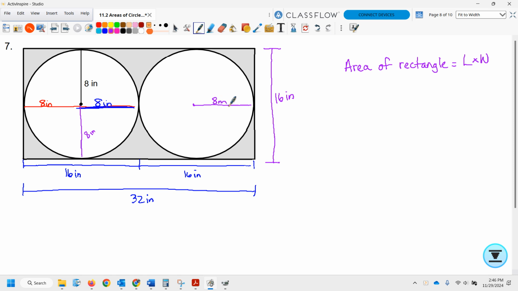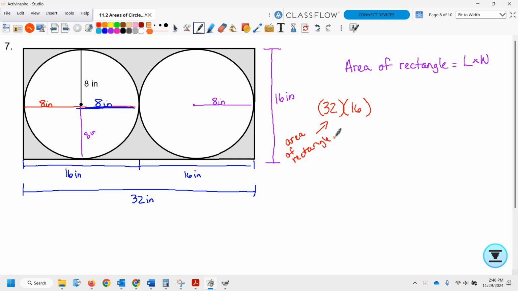Oh, not meters, silly goose, inches, inches, inches. Stay at the right units. Okay? So first I'm going to take the area of the rectangle, length times width. So 32 times 16, area of rectangle.